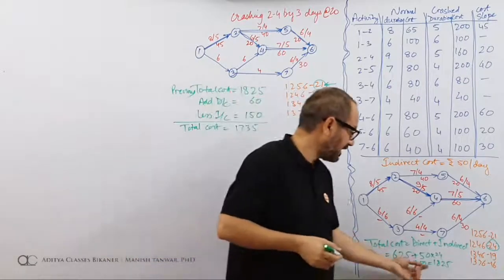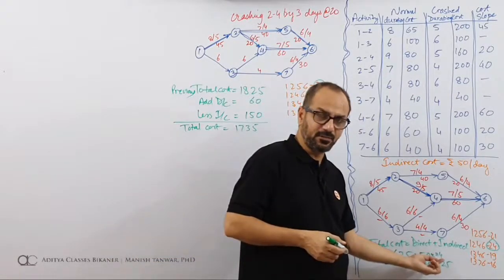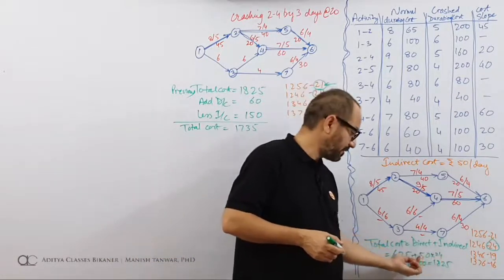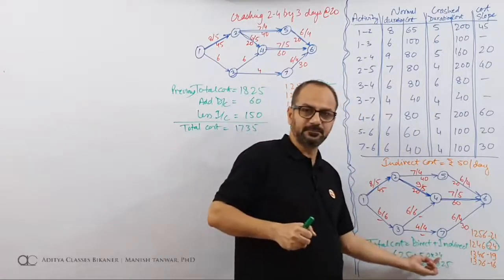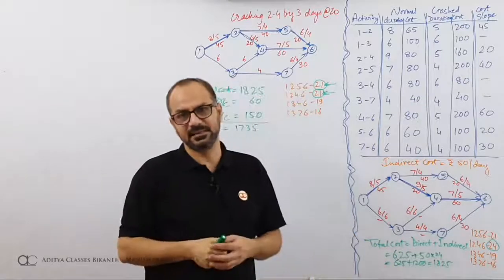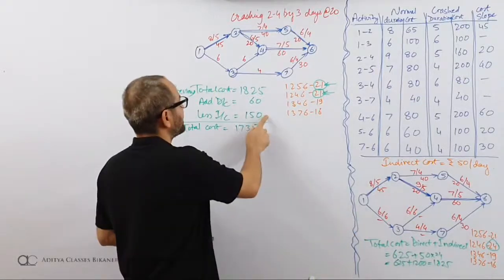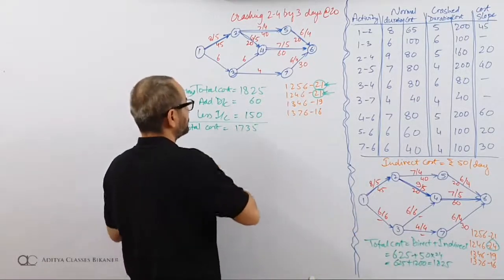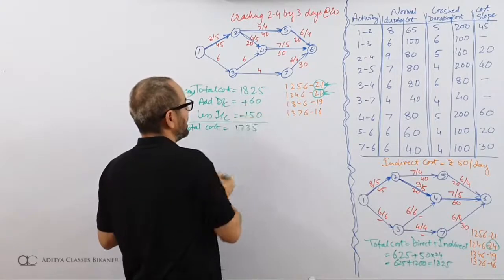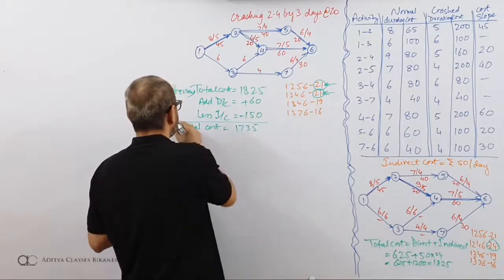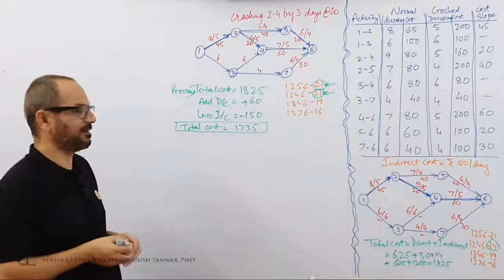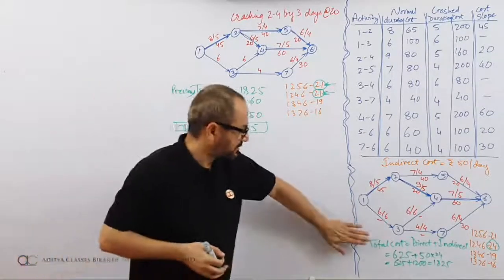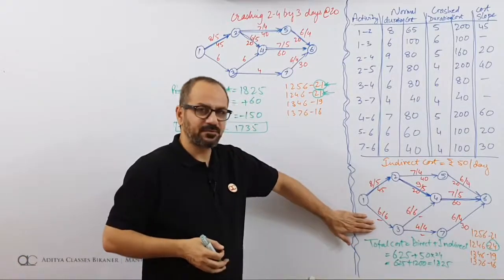This 1825 had a component of 50 into 24, but now it should be 50 into 21. So I'm reducing those 3 days. These are added, and my new total cost is 1735. This is the idea. This is the result of the first iteration.